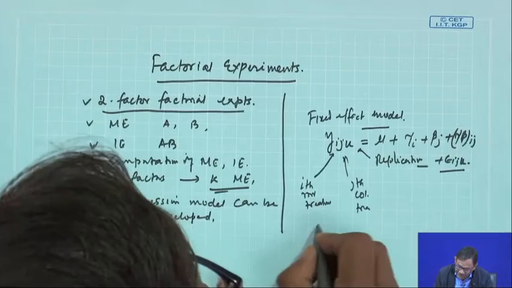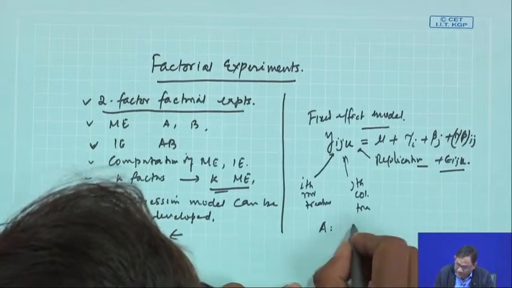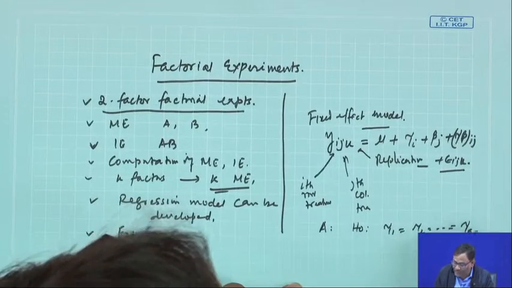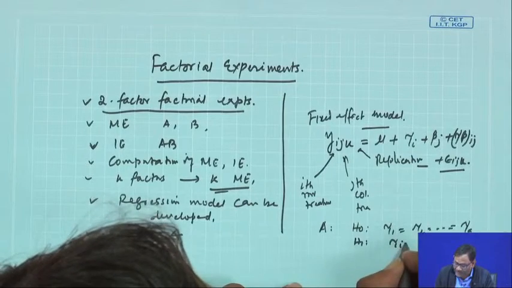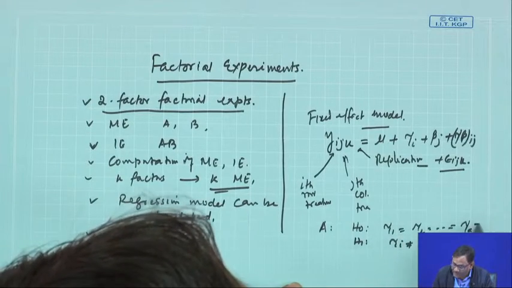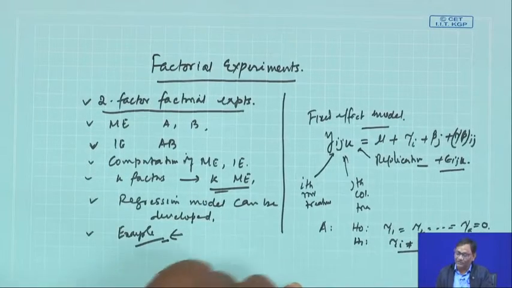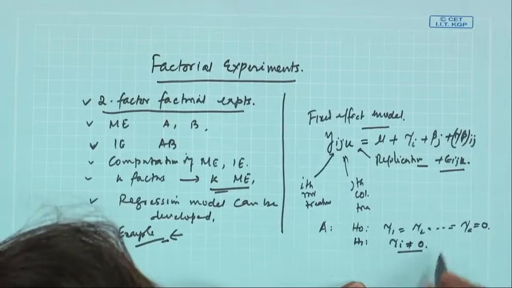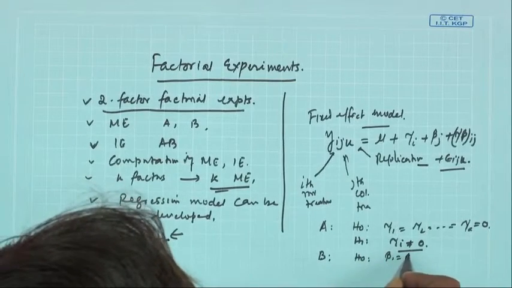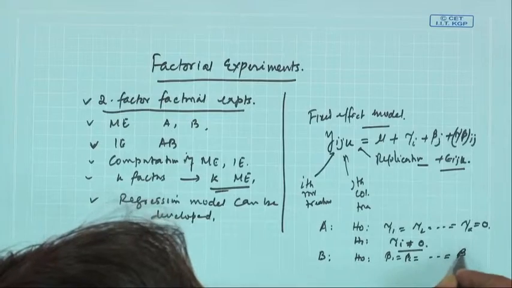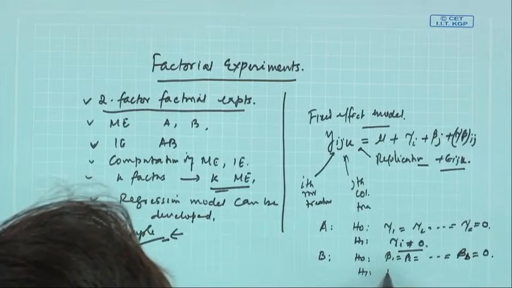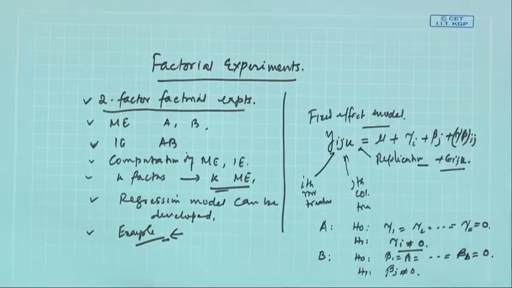And we have set hypotheses with reference to A. H0: tau_1 equals tau_2 equals ... equals tau_a equals 0, and H1: tau_i not equal to 0 for at least one tau_i. Similarly, for B we put H0: beta_1 equals beta_2 equals ... equals beta_b equals 0, and H1: beta_j not equal to 0 for at least one j.